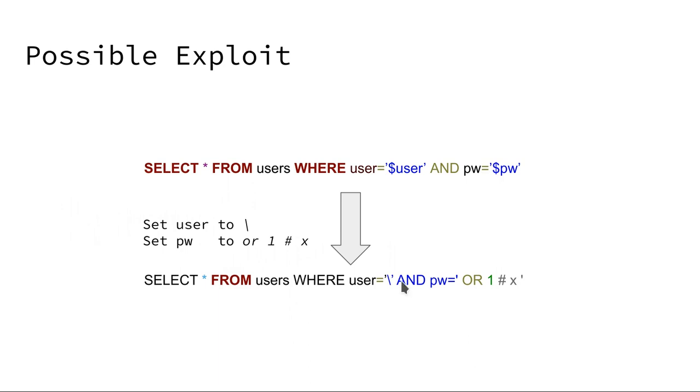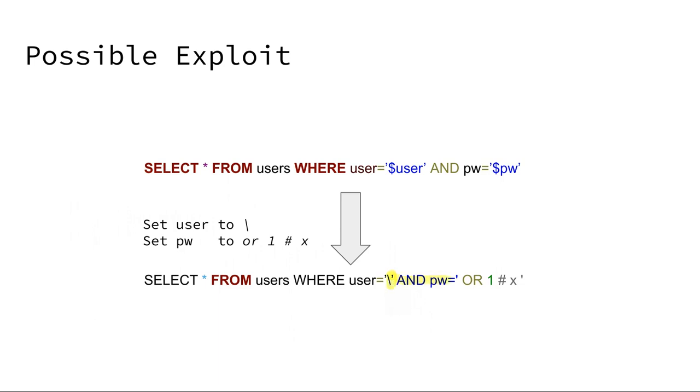Well, that has the effect that this quotation mark will be escaped in the database. So it thinks, okay, the backslash quotation mark is an escaped quotation mark. This doesn't end the string. This is a quotation mark that's within the string.